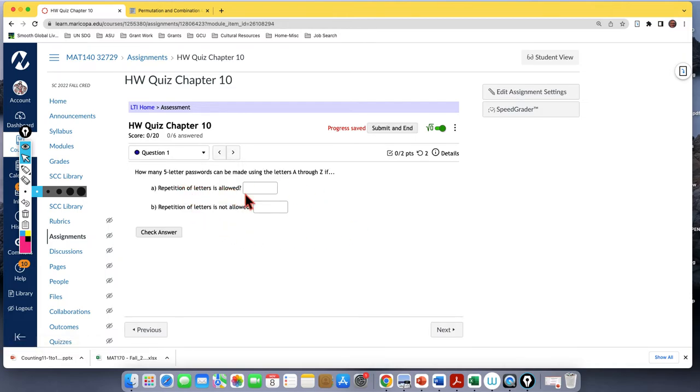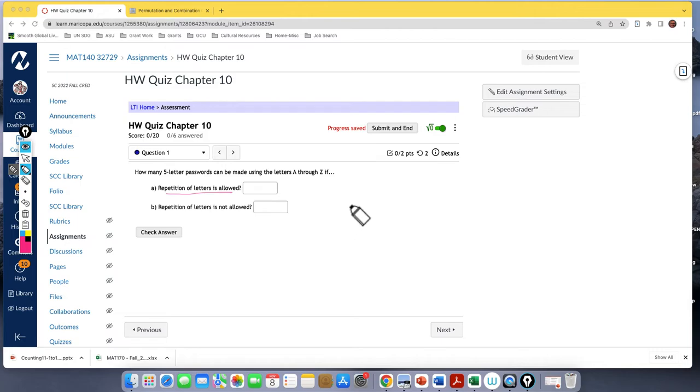How many 5-letter passwords can be made using the letters A through Z? And again, this time we can't always use the calculator, but a lot of times it helps. If repetition of letters is allowed. So this is another thing that we never really went over. How many letters are in our alphabet? 26, yeah.